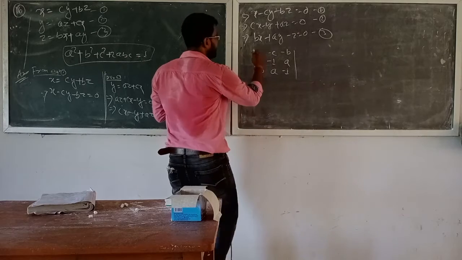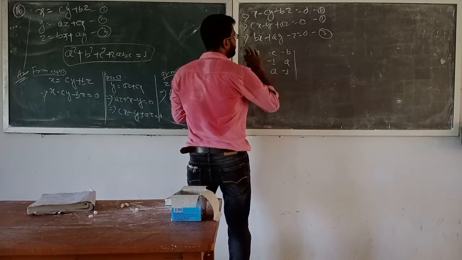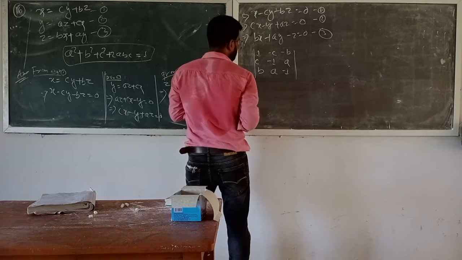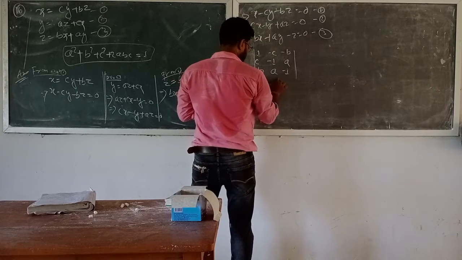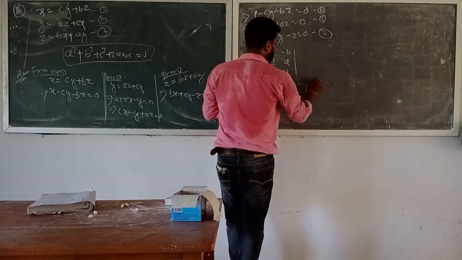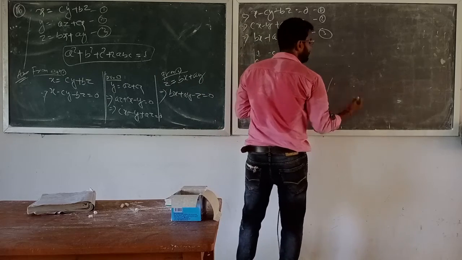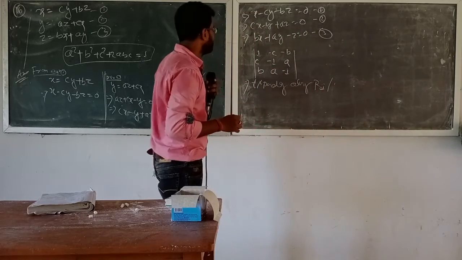Now we can expand along row 1 or a column.